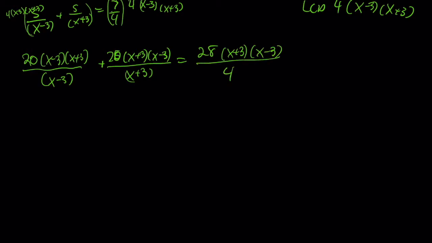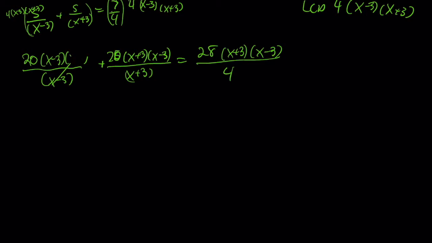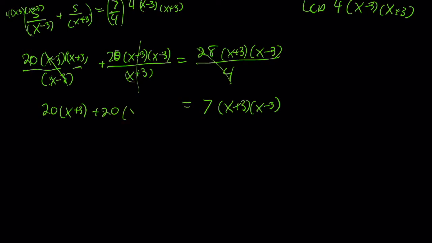And what's going to happen is my denominators are going to cancel. My x minus 3s cancel. Here my x plus 3s cancel, and here this 4 is going to cancel and leave me with a 7. So on the right I have 7 times x plus 3 times x minus 3, and on the left I have 20 times x plus 3 plus 20 times x minus 3.